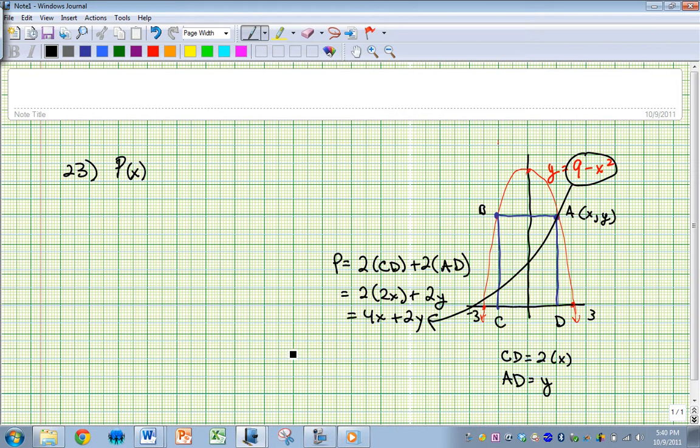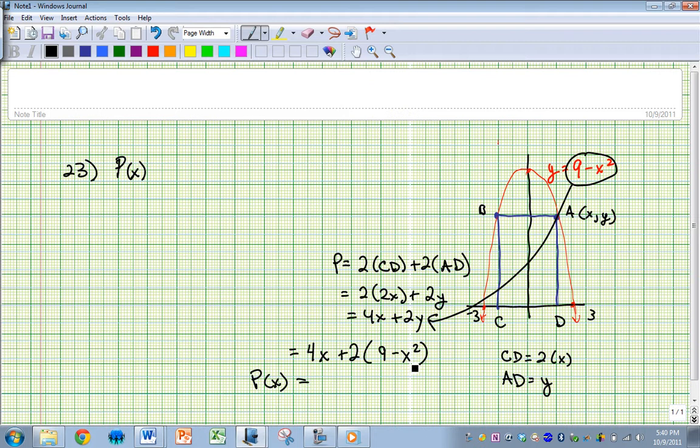So I can rewrite it and say 4x plus 2 times my y value, which is 9 minus x squared. So now I have a perimeter function with only x as my input.